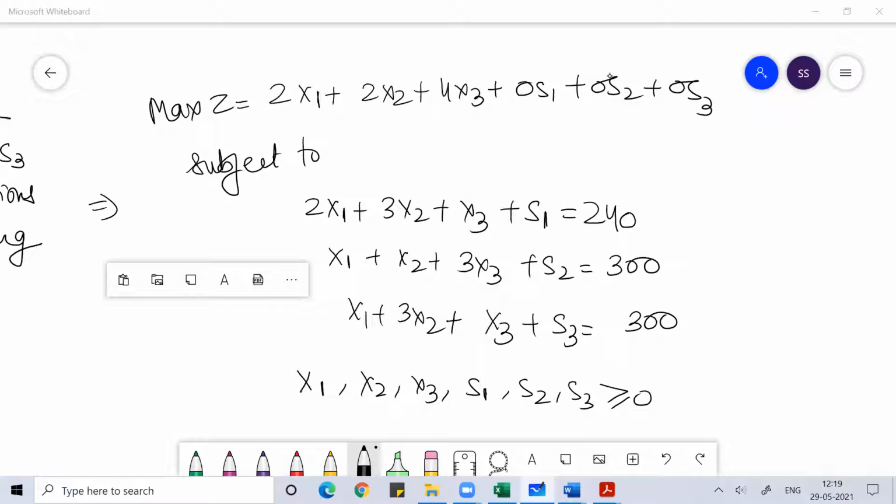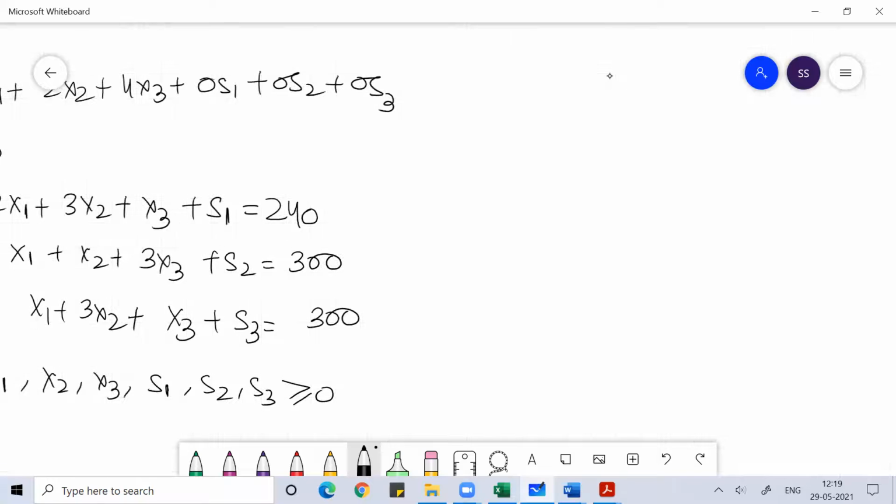So I hope everyone has written this down. This is the way we convert them into standard form. We introduce as many slack variables as the number of constraints, S1, S2, S3. The purpose of introducing them is to make the inequality of the equation an equality. Once we are done with this, we write them in tabular form.